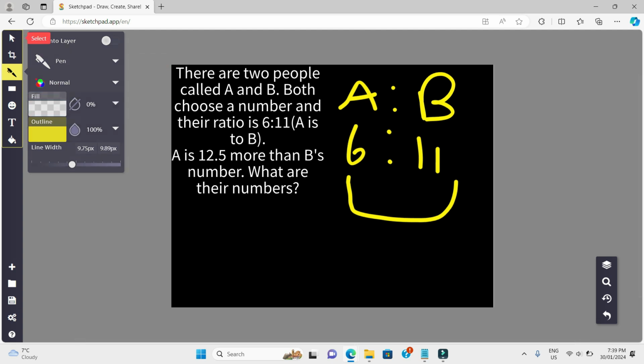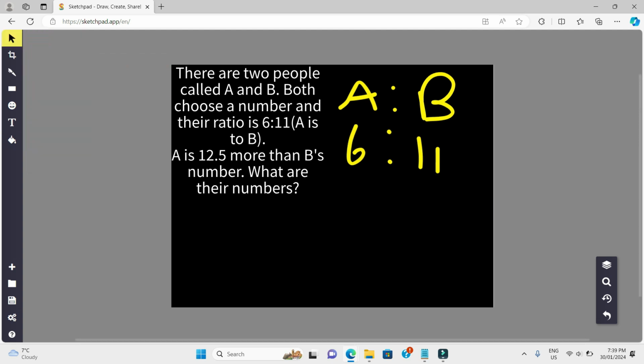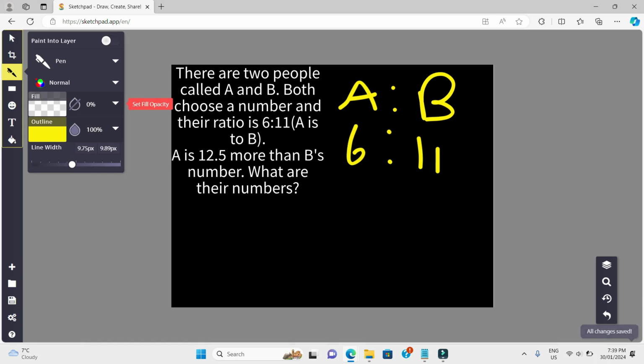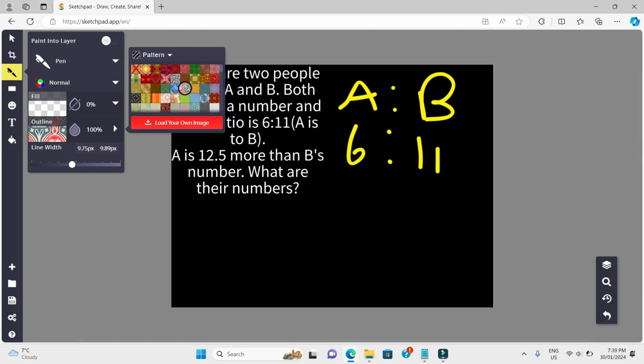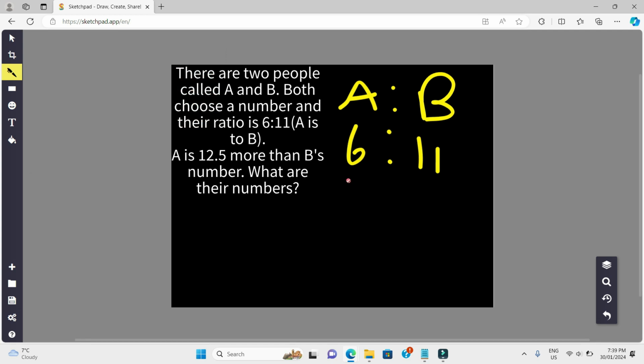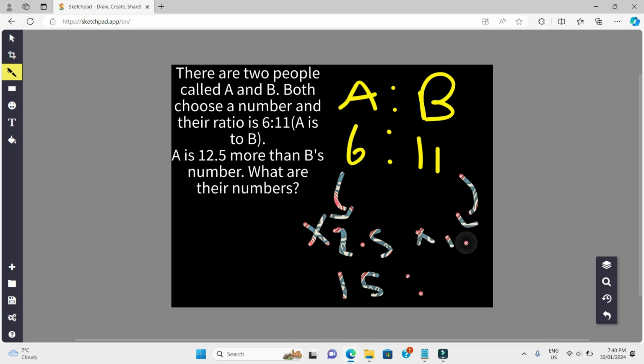Okay, so let me just delete this. And now, yeah, we got some space. So I'll just choose a color. So 6 times 2.5 gives us 15, and 11 times 2.5 gives 27.5.